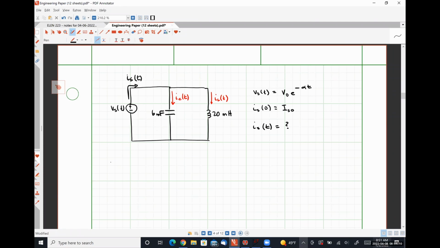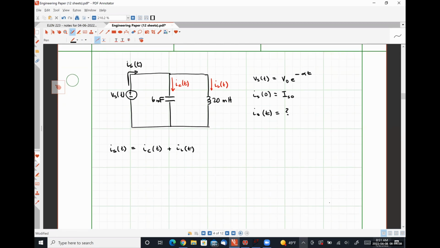And so I posit that IS of t is simply the sum of the capacitor current and the inductor current by Kirchhoff's current law. Does anybody have any problem with that? That is a relatively straightforward observation here, right?